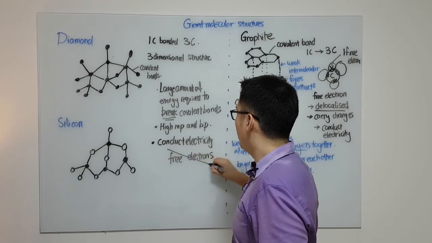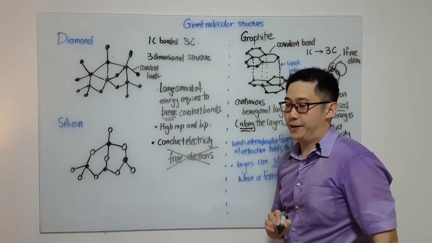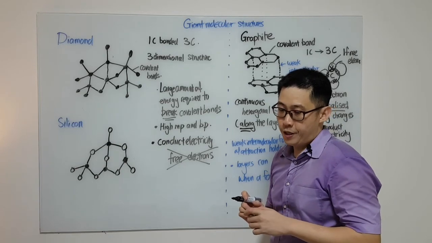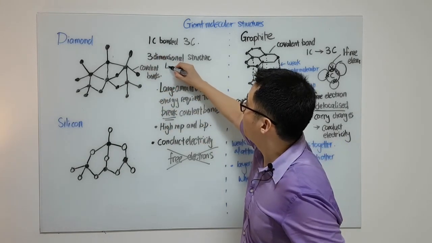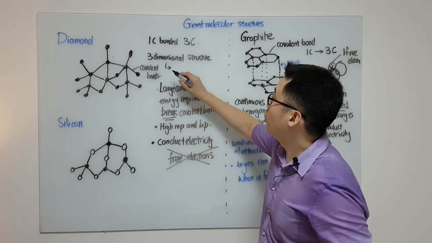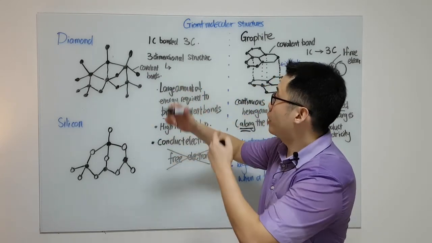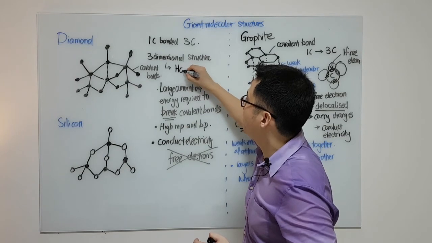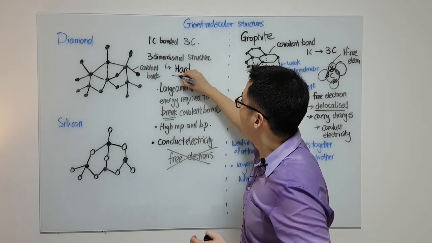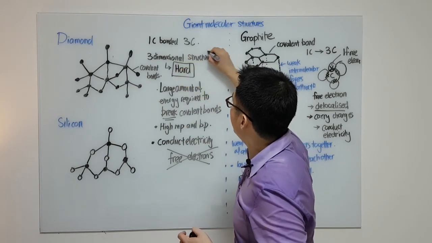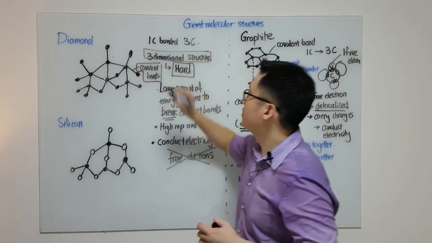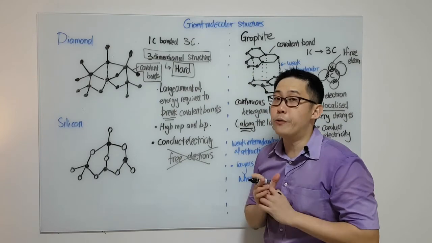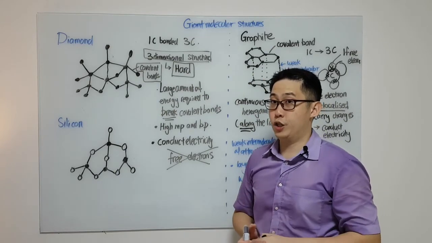And because it has a 3-dimensional structure and strong covalent bonds, this whole structure becomes hard. Hard as a result of the 3-dimensional structure it has, as well as the strong covalent bonds that require a large amount of energy to break.